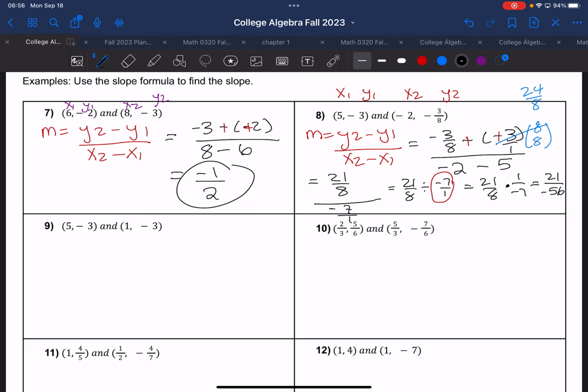So if we divide 21 by 7, we get 3. And then negative 56 divided by 7 is negative 8. So in these ones, when we're dealing with fractions, we have to remember what we learned in topic 1, and that is the properties of fractions: how to add, subtract, multiply and divide them.